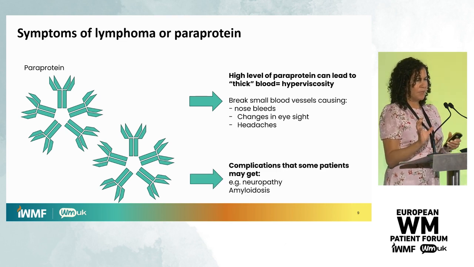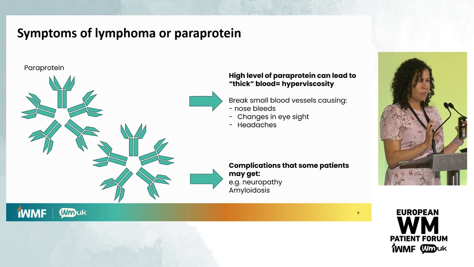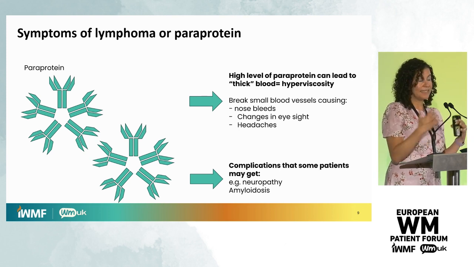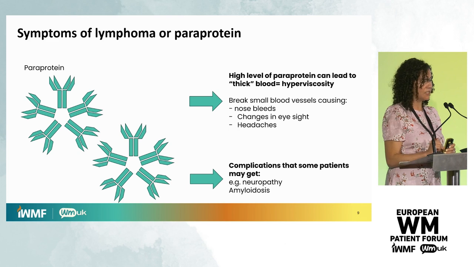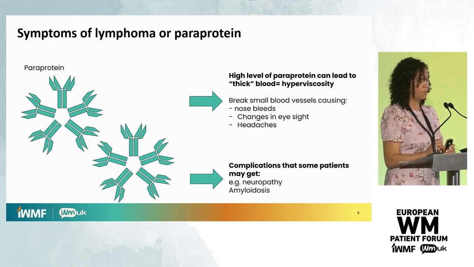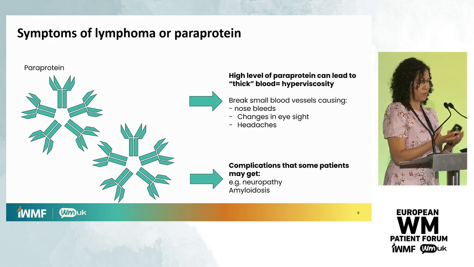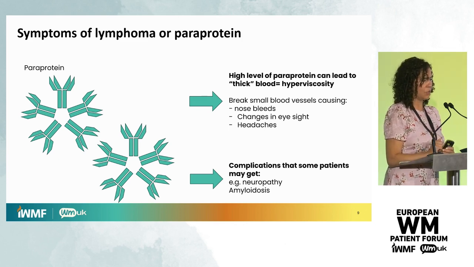But then there are some people, and this is where it gets very variable, and not all patients will get potentially any of these complications, but for some it may be the main problem for them, that their paraprotein that is unique to their WM may lead to certain problems.